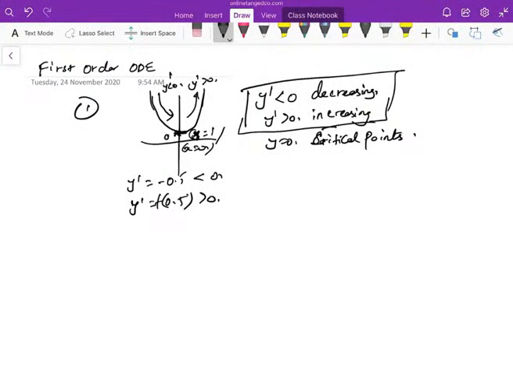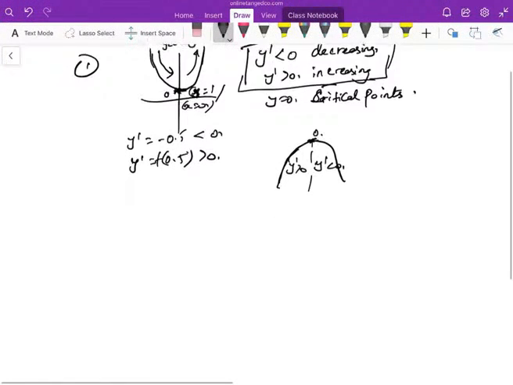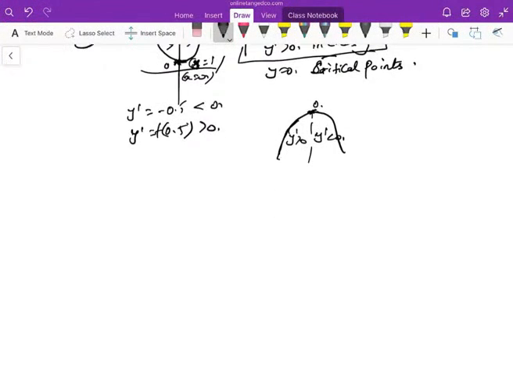If it is positive, then it's an increasing function, so you can conclude it's a minimum point. Vice versa, if y dash is positive just before the critical point and negative after, the function is increasing and then decreasing. This is the information we can obtain from the first derivative.